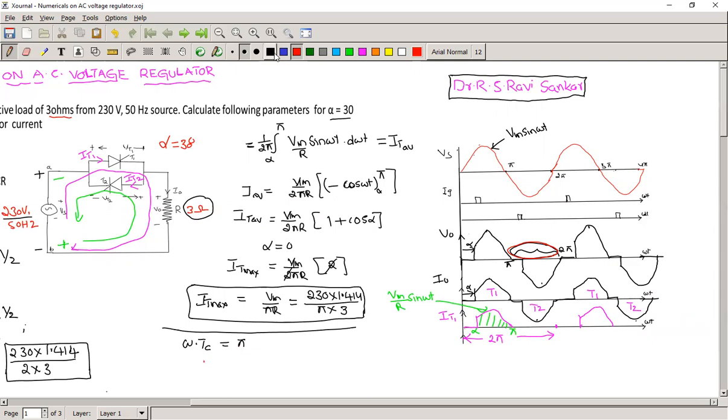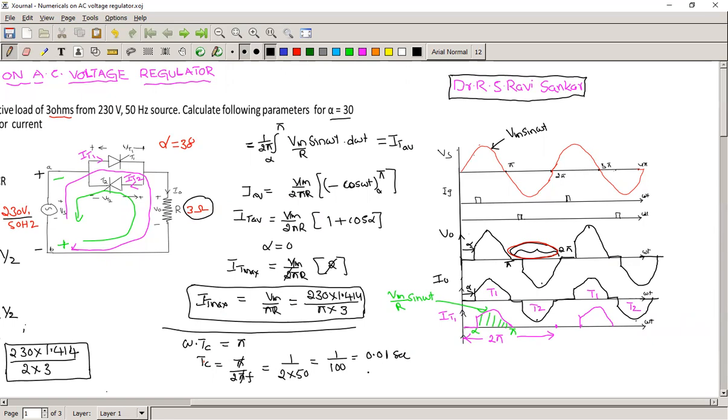So turn-off time TC equal to pi by 2 pi f, because omega equal to 2 pi f gets cancelled. 1 by 2 into 50, nothing but 1 by 100, 0.001, sorry, 0.01 seconds.